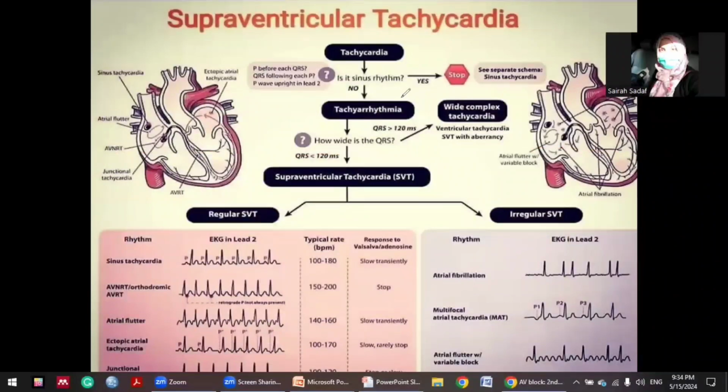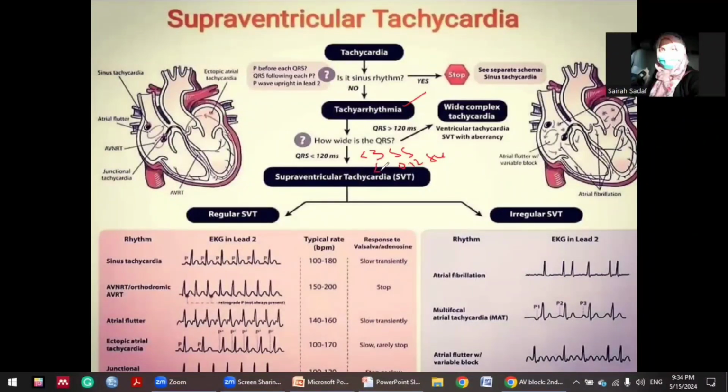We have two types of the narrow complex, and then there is the broad complex. Narrow complex are those actually having QRS complex less than 3 small squares width, or 0.12 seconds.